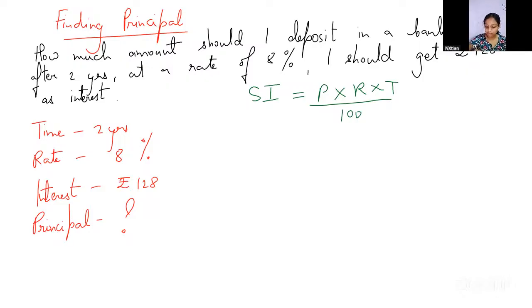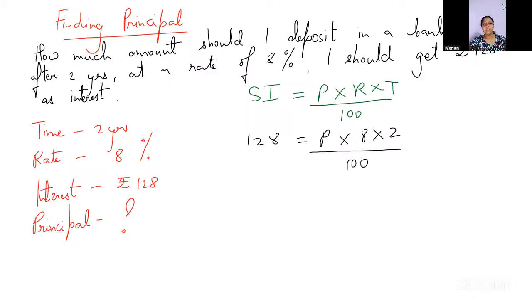But we know the SI. SI is 128. Write 128 equals principal, which I don't know, so P into rate 8 into time 2 divided by 100.